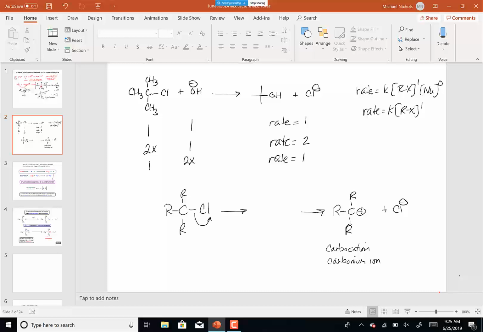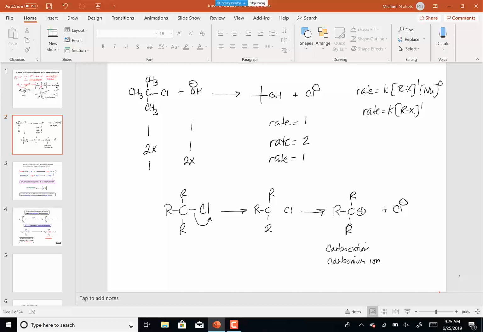So what would the transition state of this reaction look like? Well, to write the transition state, I'm going to write the species. And then a dotted line goes to the bond that was broken, or the bond that was formed, but in this step, I'm only breaking a bond.